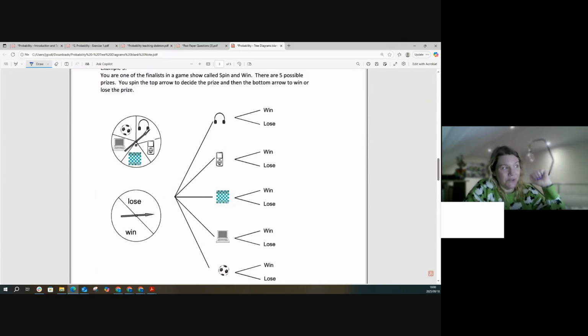So this would be your tree diagram. Can you please fill in your probabilities? So we're leveling up 1 level up here.